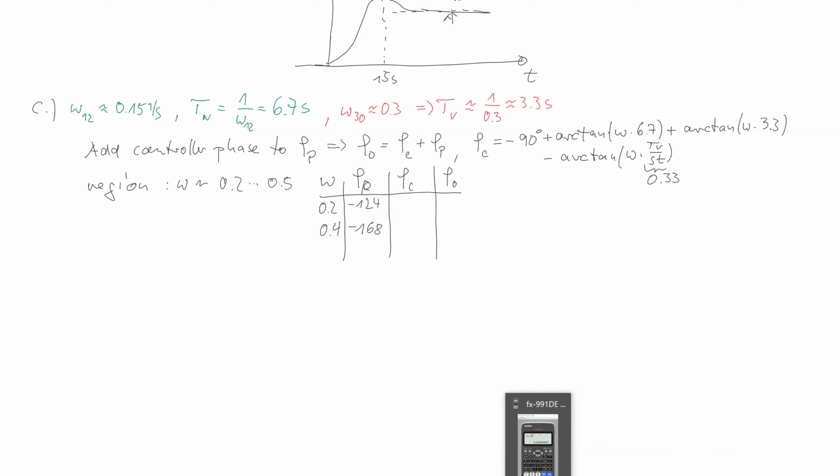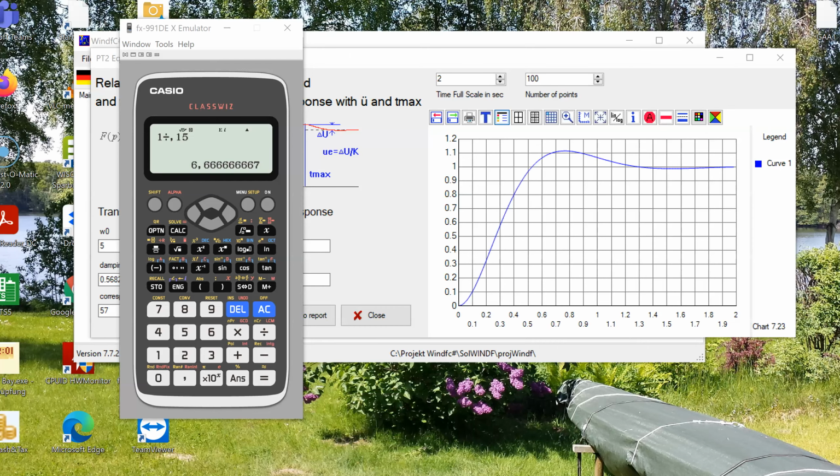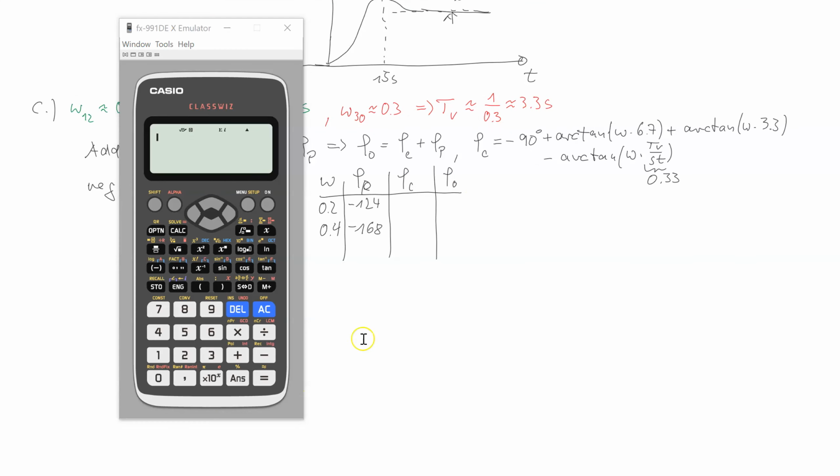So now I use this simple calculator with a programming unknown x.